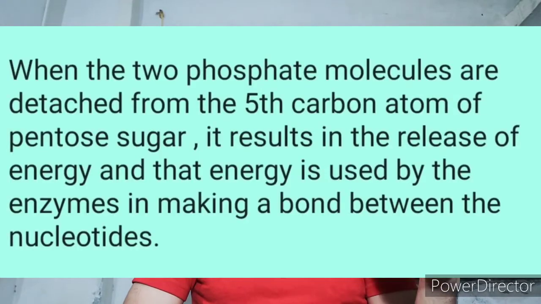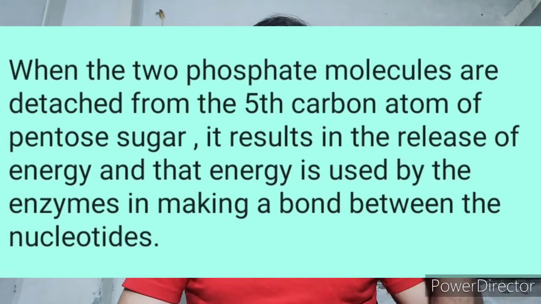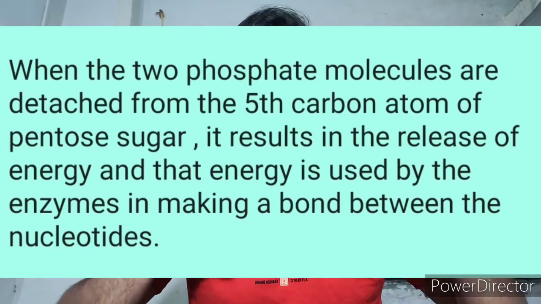And at the time of bonding between the nucleotides, two phosphates get detached from the nucleotide, and that detachment of two phosphates results in a release of energy, and that energy is used by the enzymes. Which enzymes? Those enzymes which help the nucleotides make a bond between them. So enzymes are using the energy for making the bond between the nucleotides.